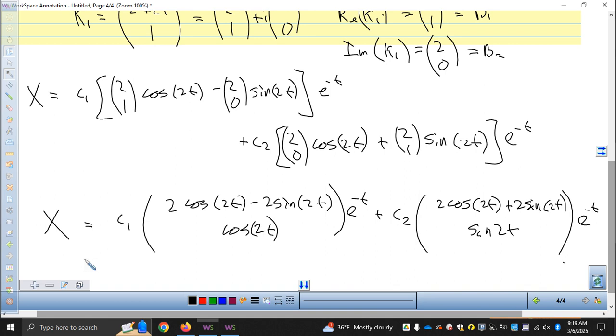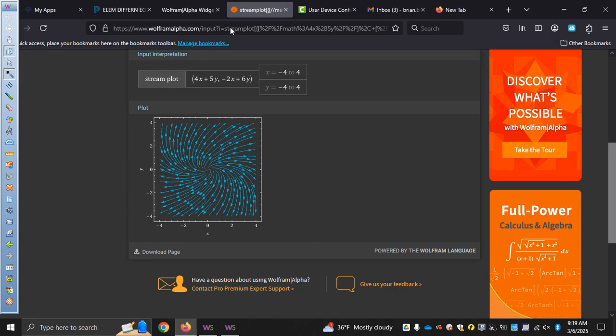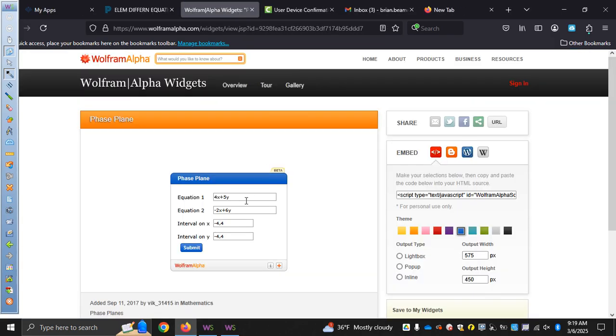Let's look at the phase portrait of this one. So we have 1 here and negative 8, and 1 and negative 3.